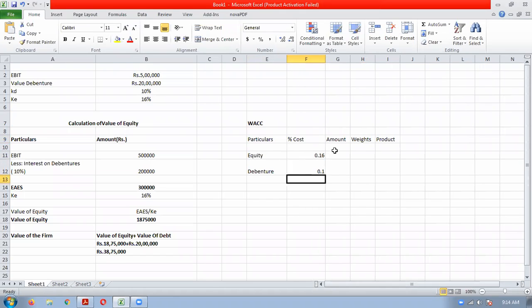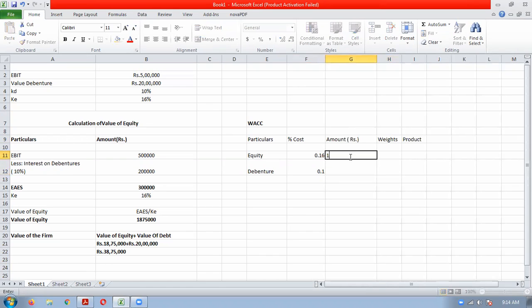Percentage of debt is 10%. Amount of equity, just now we have calculated, 18,75,000, and debt is 20 lakhs. Total is 38,75,000. Weights will be this divided by total. Weights total will always be 1.